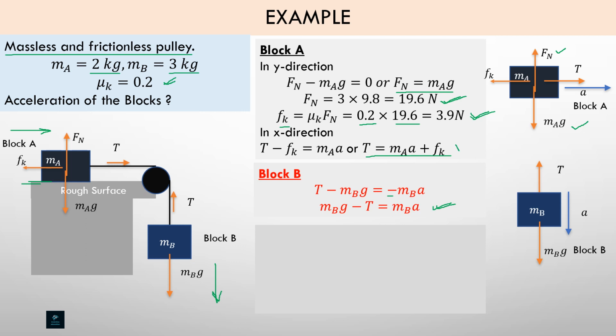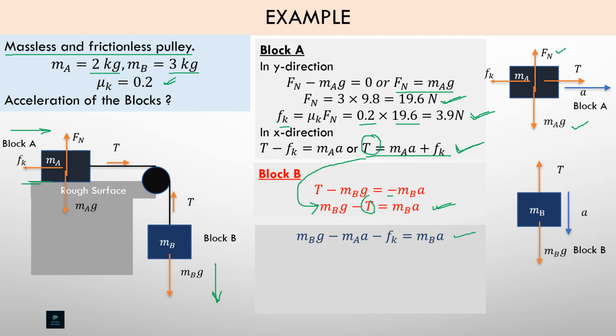Now from the earlier equation, we can take the value of T and put it here, to obtain mb times g minus ma times a minus Fk equal to mb times a.